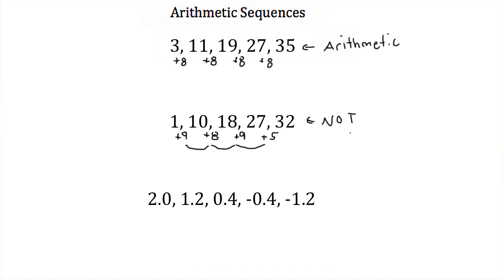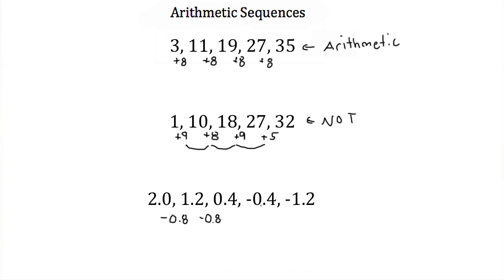So let's check our last one. 2, 1.2, 0.4, negative 0.4, and negative 1.2. Well, to go from 2 to 1.2, we would have to subtract 0.8. And then to go from 1.2 to 0.4, again we would subtract 0.8.